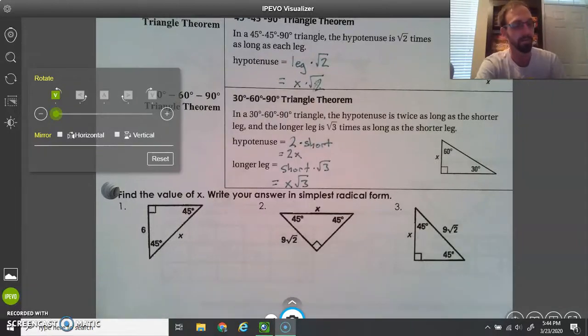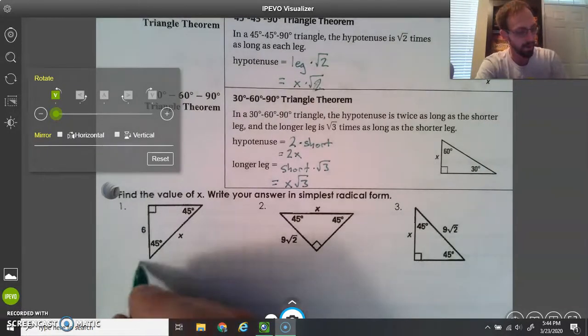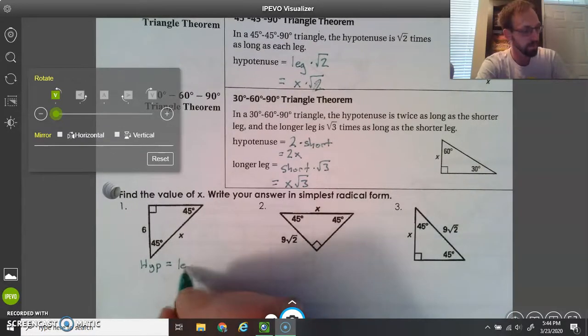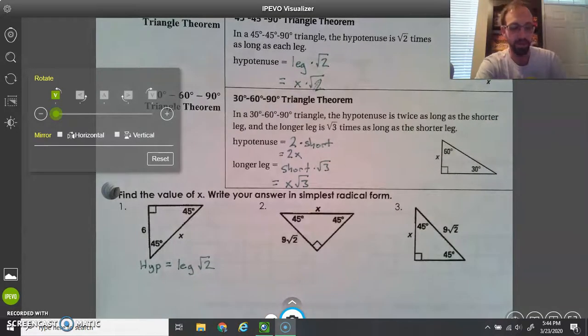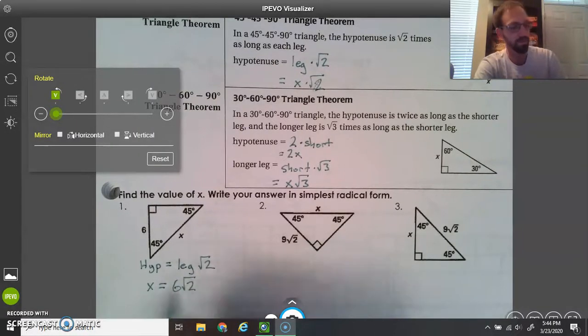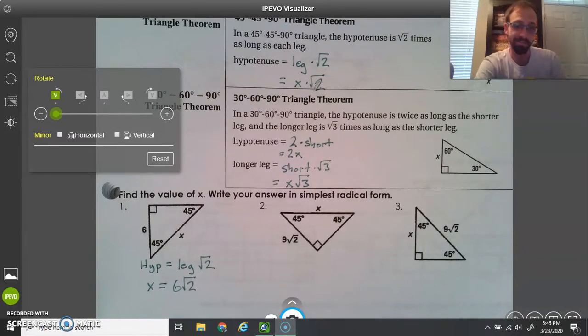So we're trying to find the hypotenuse, which is our x, and we know the leg times square root of 2. Our leg is length 6, so we get 6 times square root of 2. That gives us x. That is simplest radical form, so we are done.